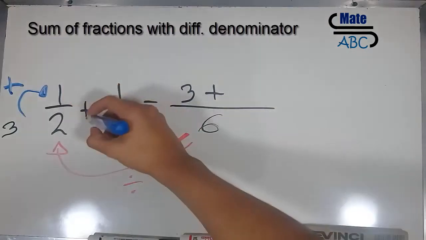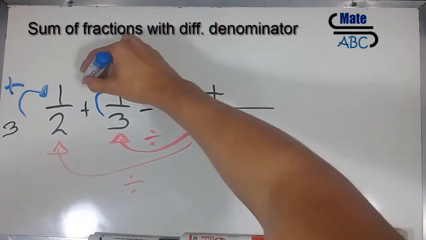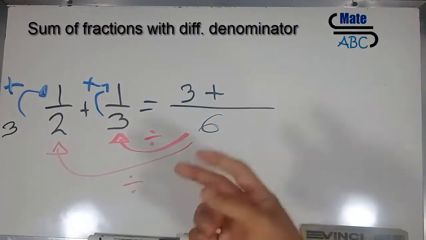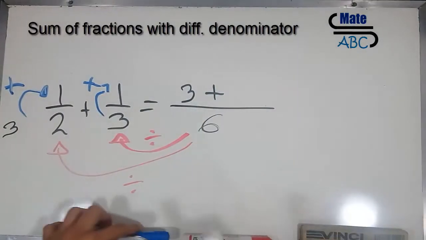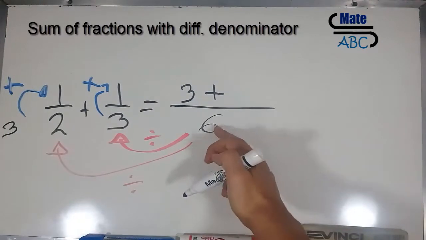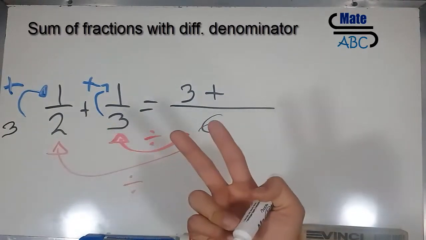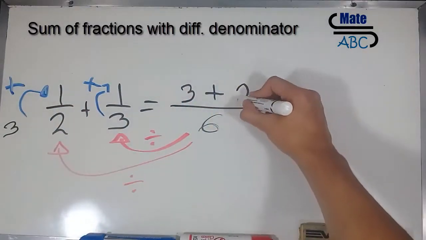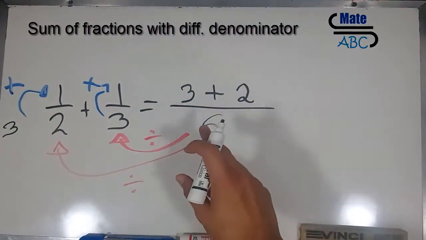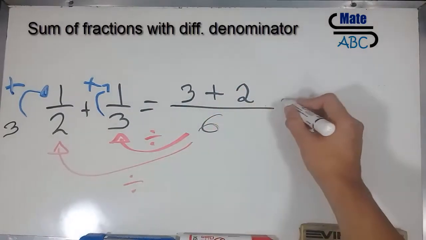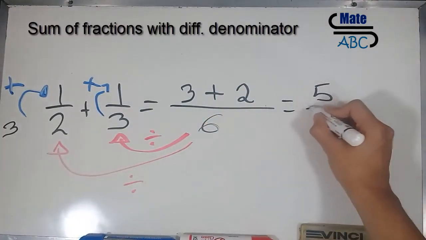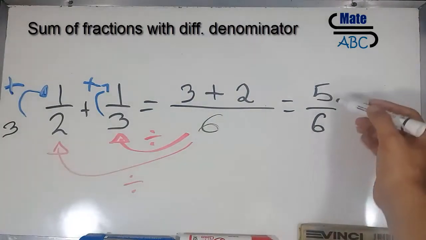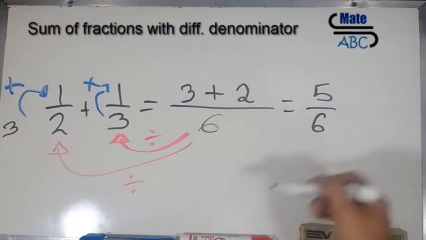And then we multiply it by the numerator, and is 1. So 6 over 3 is 2 times 1, 2. So here we have 3 plus 2. So the answer is 5/6.